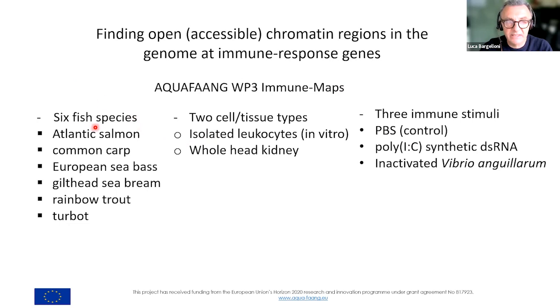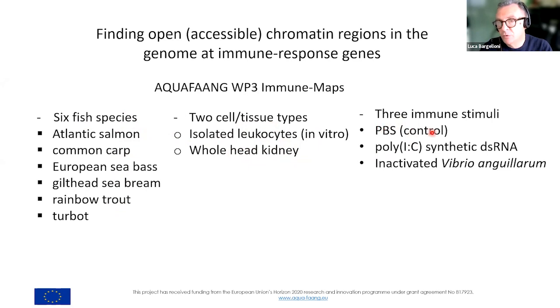So, six species, as I was mentioning before, the most important ones in Europe. We decided to work on different cell types. One was isolated leukocytes in vitro. The leukocytes are the main immune cells in vertebrates. We also worked on the whole organ, the head kidney. For each of these species and each of these two types of cells or tissues, we used three different immune stimuli.